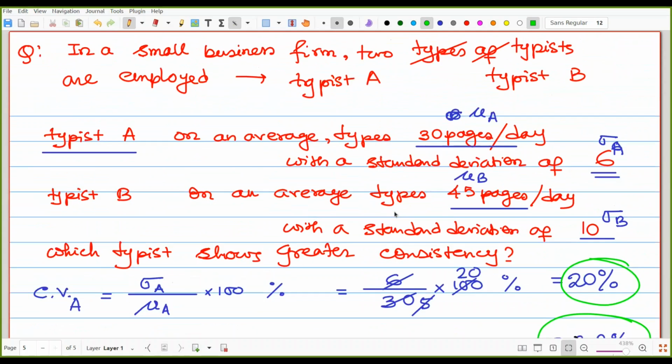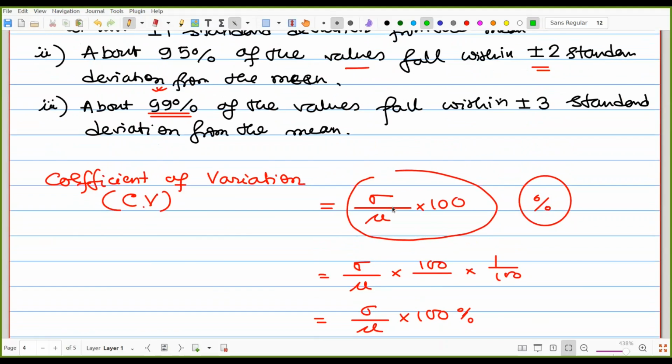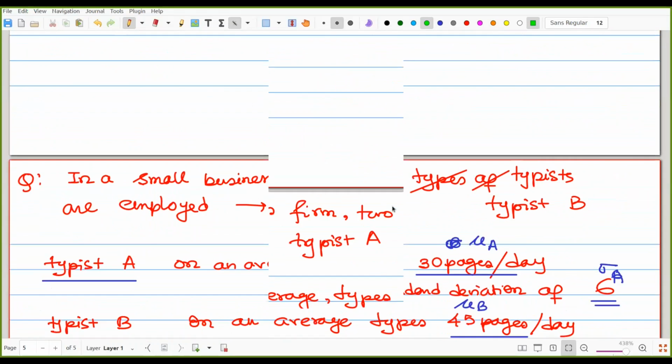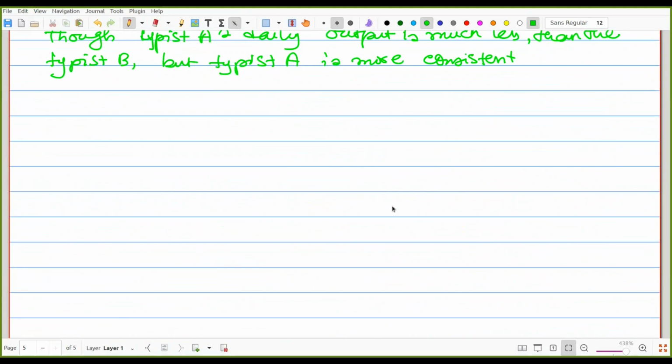Now the next question, once again, what is the meaning of that particular thing, whatever we have done here? That's some confusing thing for somebody. Now, that is nothing. Suppose we have some type of data, 1, 2, 3, 4, 5, 34, 35, 36, 37, 35, 34, 39, 40, 36, like that.